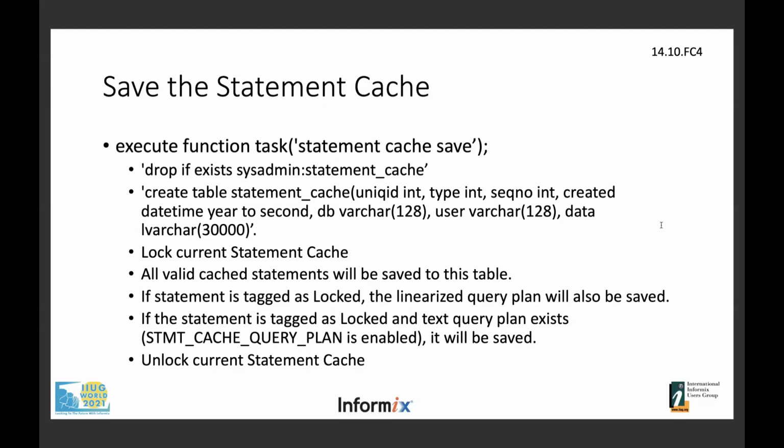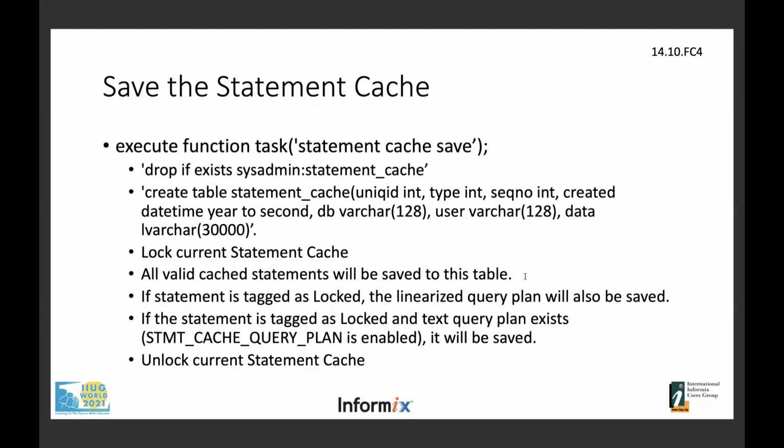And if the statement is locked, the linearized query plan will also be saved, which is the binary query plan that's in the cache that you can't read, because that's what the query plan text on config parameter does. So if you want to actually view what's in it, then you have to enable that on config parameter.